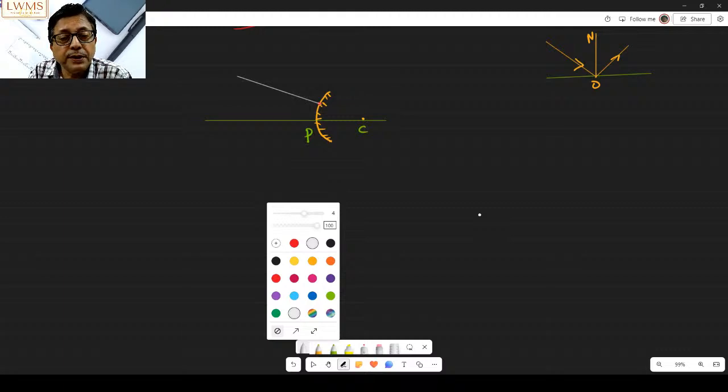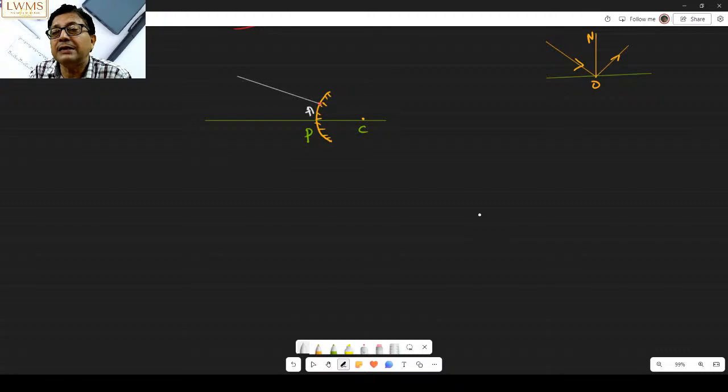If A is the point of incidence, and if you join these 2 points, imagine C to A and the direction of light matching, I mean the same thing, it is going this way, then it will be reflected back in the same direction. Got the point? C to A, this is the normal.